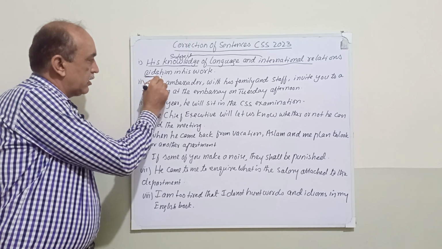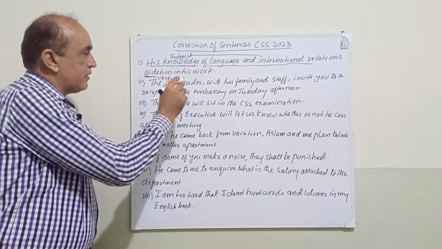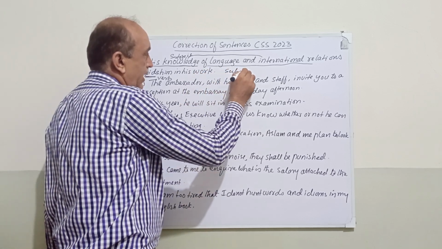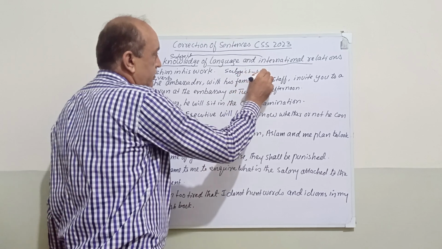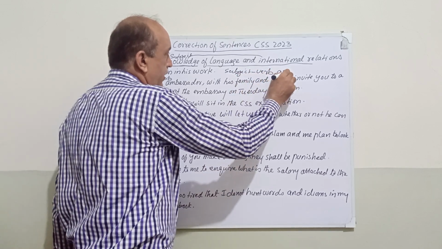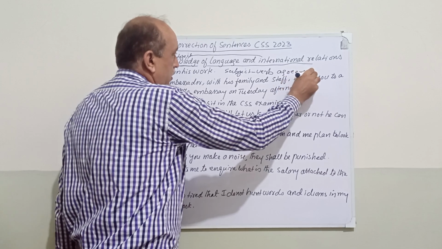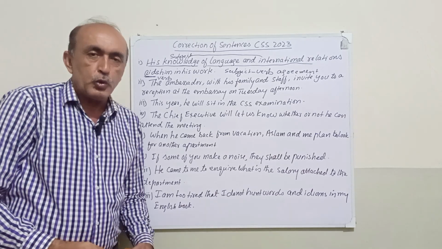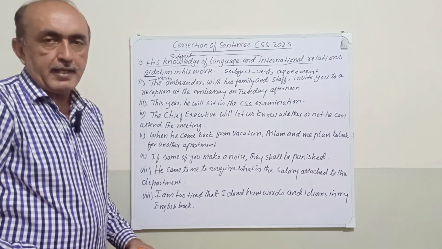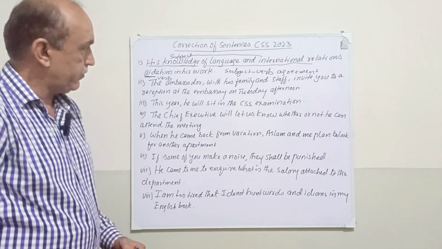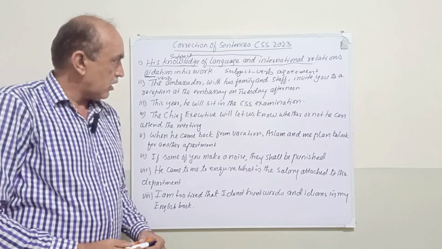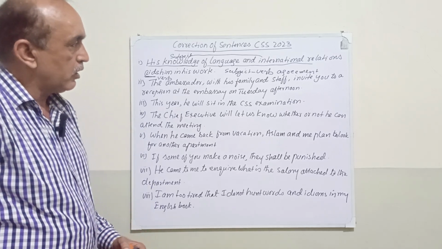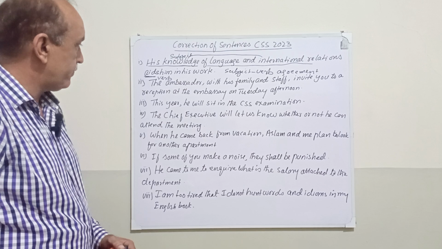This is the verb, and this is a sentence of subject verb agreement. Now this is the reason. We must know the reason where the sentence is incorrect. Unless we know the reason, we are not able to correct the sentence.